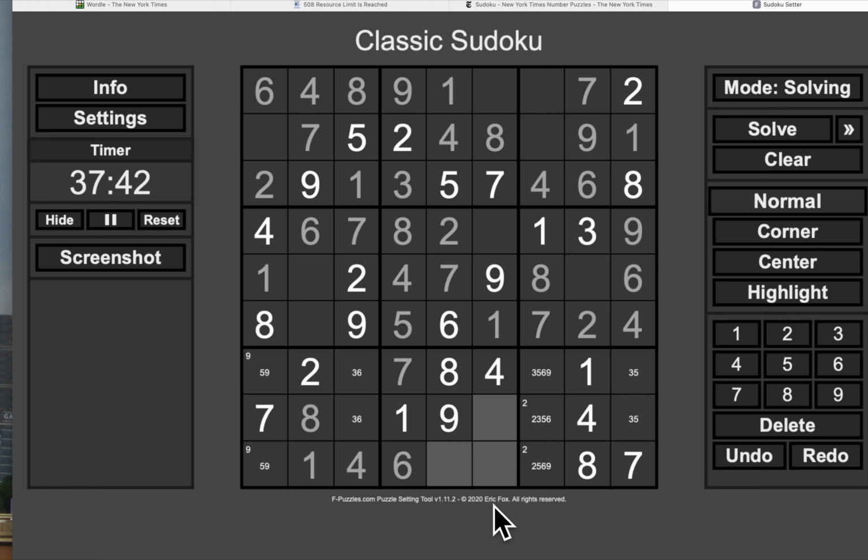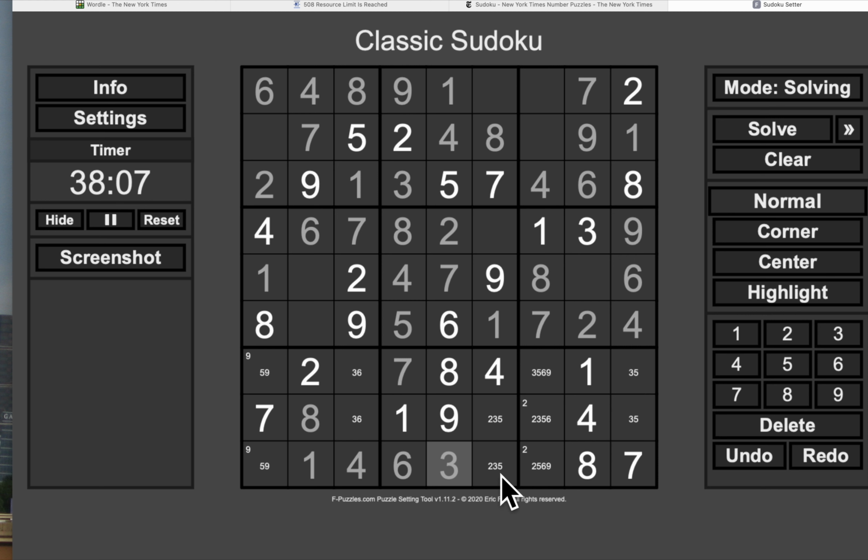These 3 are not the 6 digits already placed. 2, 3, 5. Okay, this can't be 2 or 5.